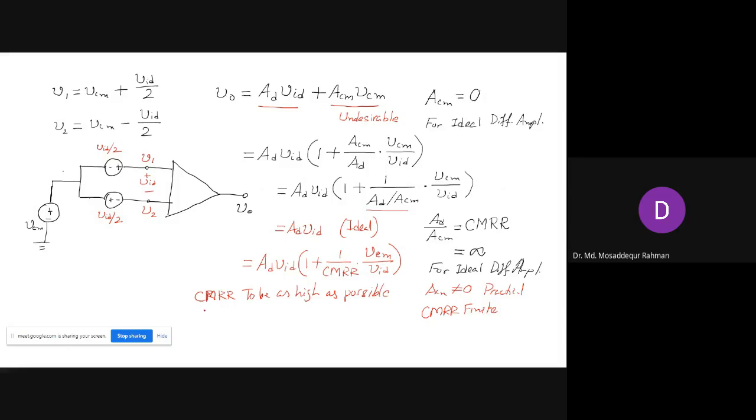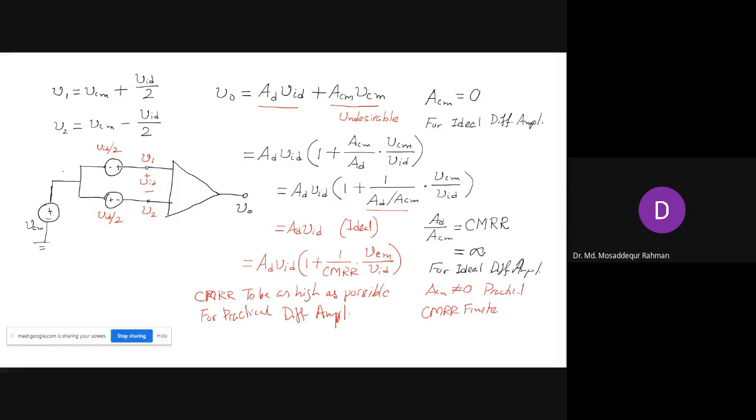Okay. So that's an important concept to understand. That is for a practical differential amplifier. So this is another measure of performance of the differential amplifier. The common amplifier, or conventional amplifier with one single input, we have the gain, the input resistance, the bandwidth.